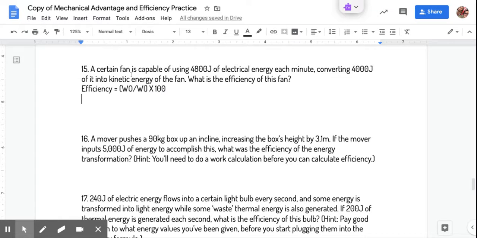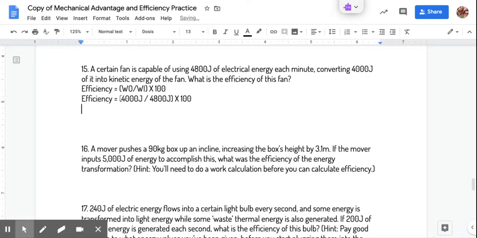So in this one, remember work output is what the machine does. And so the work output is going to be less. So it's going to be 4,000 joules divided by work input, which is what the machine is using, so 4,800 joules. And then multiply that by 100.